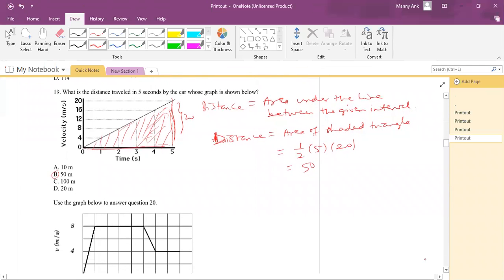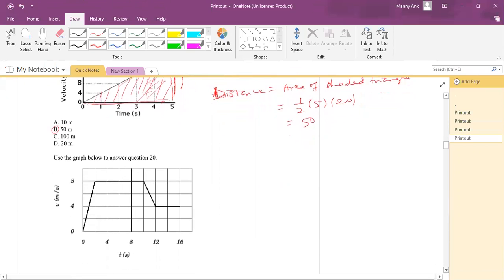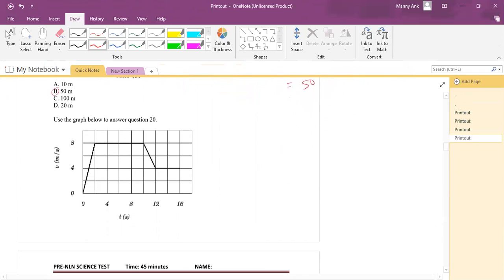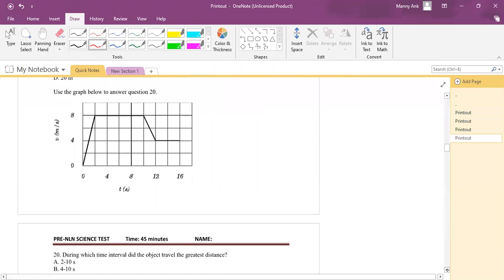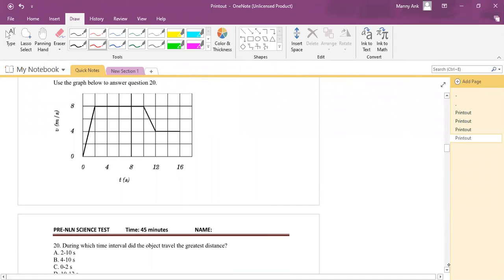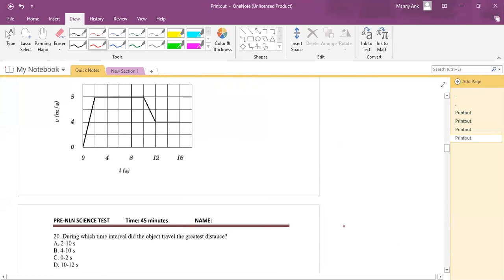And number 20 says to use a graph to answer number 20. So the question says, during which time interval did the object travel the greatest distance? As we said already, the area is the distance, the area under the line between the given interval. So from 2 to 10, if you check 2 is here, 10 seconds is here.